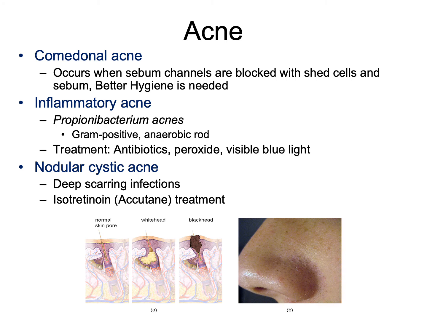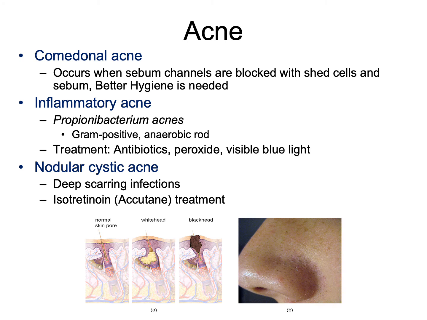So inflammatory acne is a difficult condition to treat, but there are ways that you can treat it with limited antibiotic use. Nodular cystic acne is the more serious type of acne. It can cause deep scarring infections, and this is treated with Accutane.